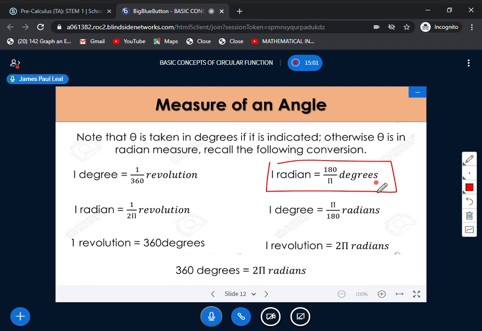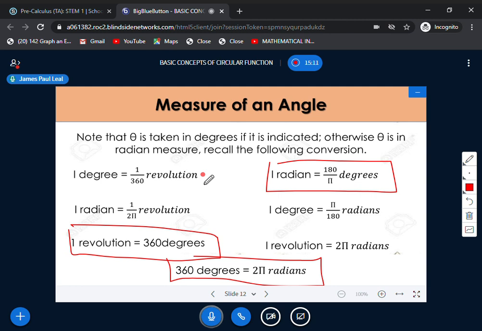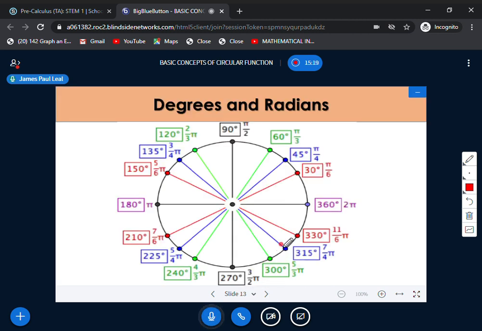If you are converting this into degrees, I want you to stick with this concept, these three. Then if you now know how to manipulate, you can actually disregard this. This is the only important part. So to represent to you again, these will be the values of degrees and radians on the circle.